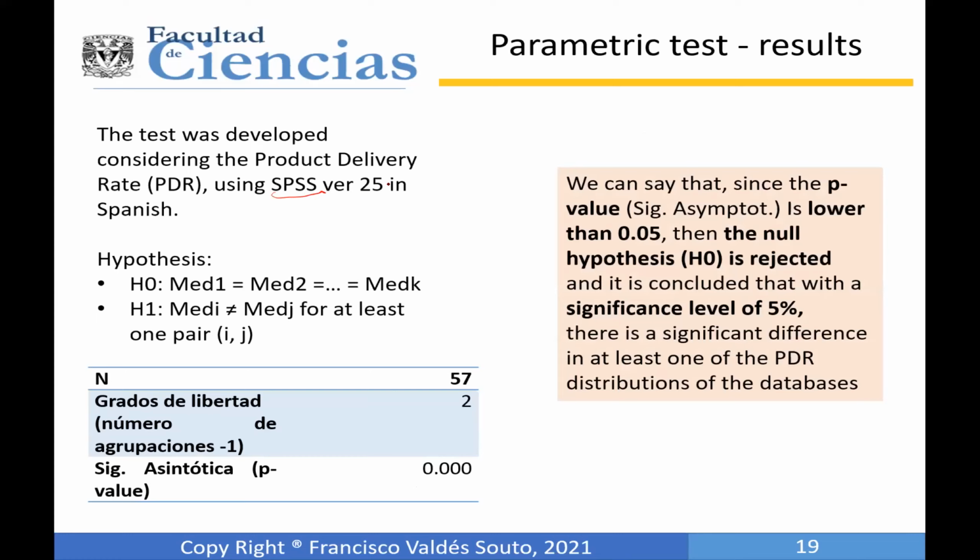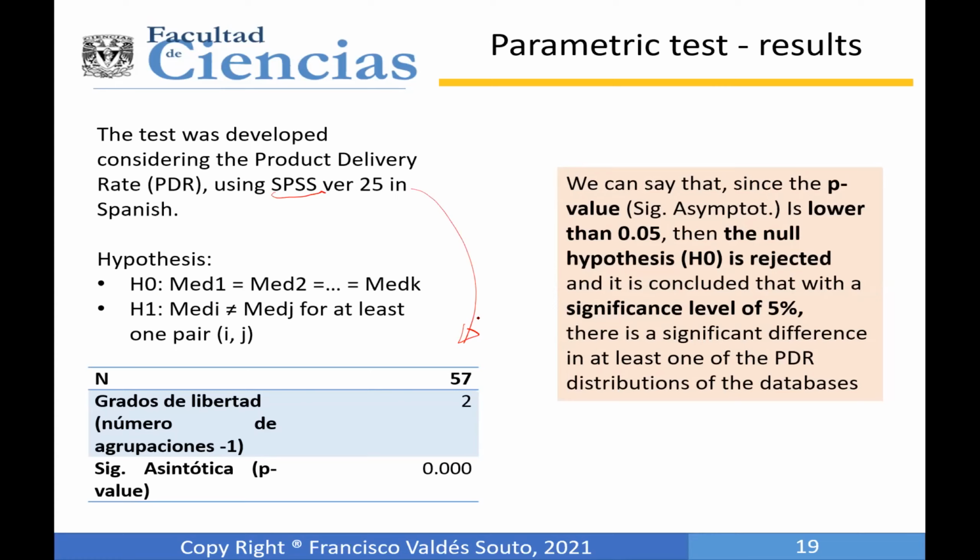So we define the null hypothesis as all the medians being the same or similar, and the alternative hypothesis as at least one of the medians being different. When we execute the test in SPSS, we get this information.